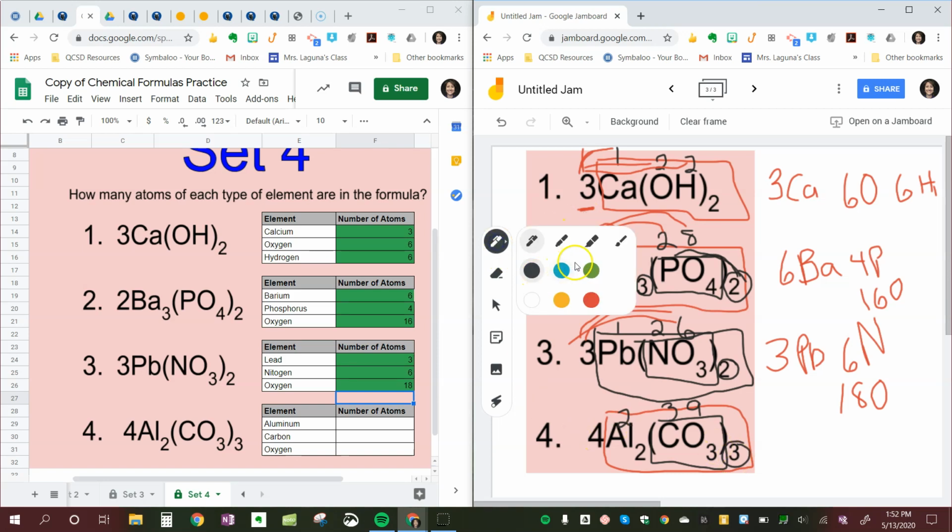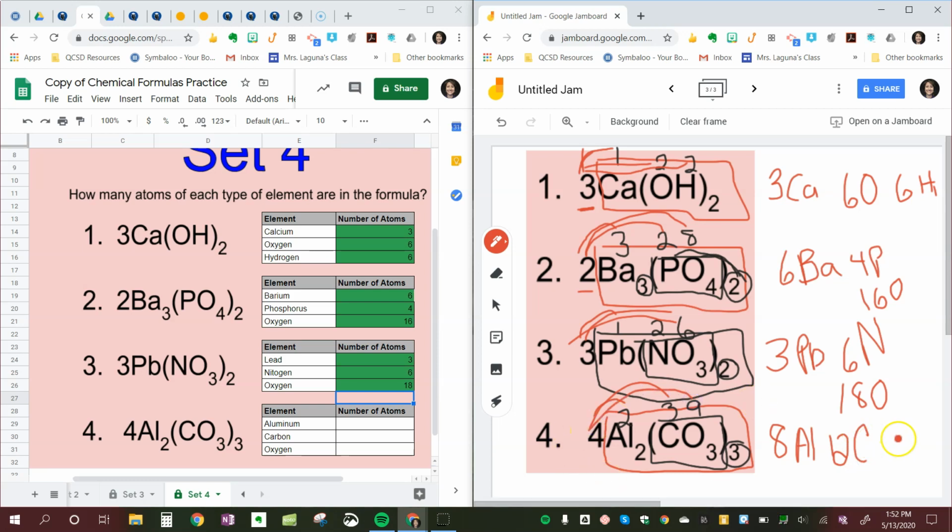Now we're going to multiply by our coefficient. 4 times 2 is 8, so 8 aluminum. 4 times 3 is 12, so 12 carbon. And whoa, 4 times 9, do you remember what that is? 36 oxygen. And we can put those in the blanks.